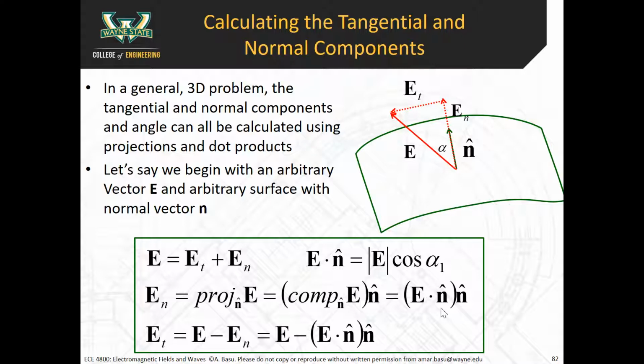We've broken it up into the normal component and the tangential component. We just figured out what the normal component was. Does anyone know a quick way to find the tangential component? Yeah, it's the original vector minus the normal. E is equal to the tangential component plus the normal component. So if we know E and we know the normal component, then ET is just equal to E minus EN.